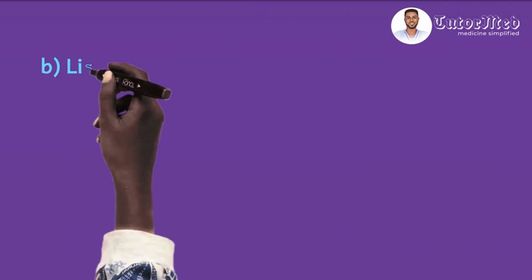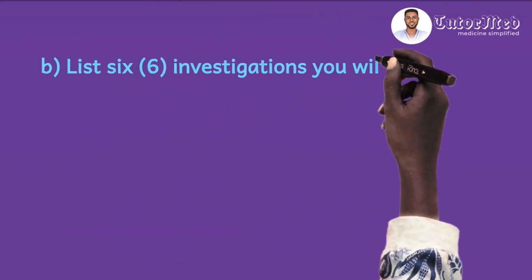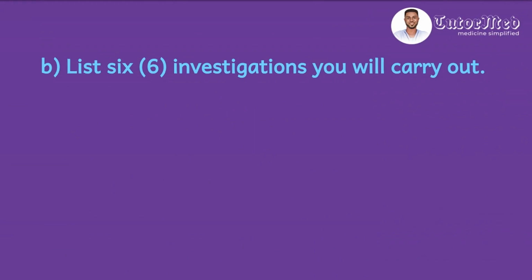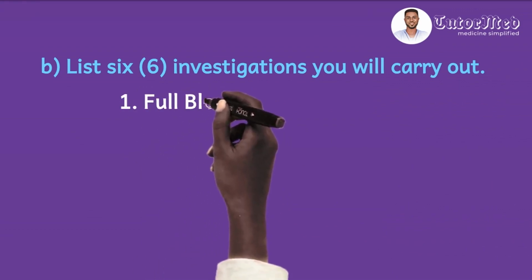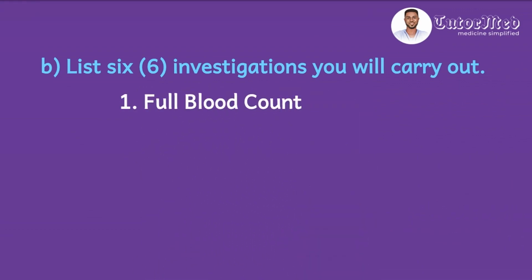Very good. And so the second question which was asked for this clinical case was, list 6 investigations you will carry out. Now I must say that in acute otitis media, one of the investigations you do is the full blood count, looking for neutrophilia.